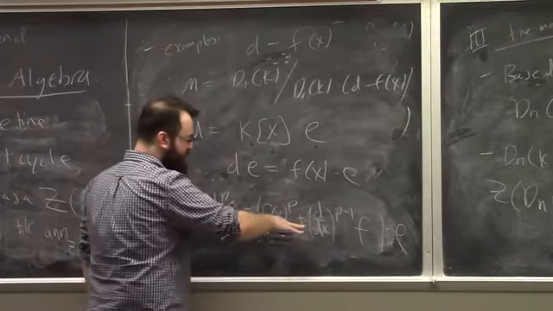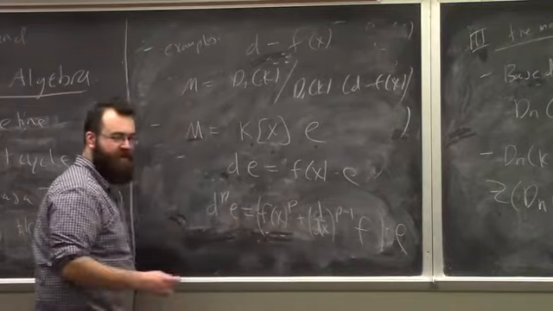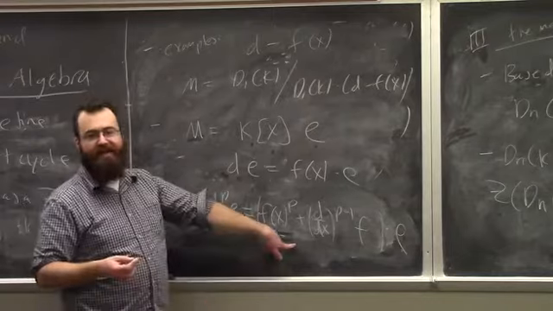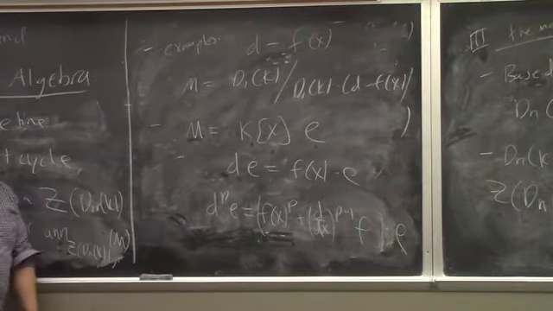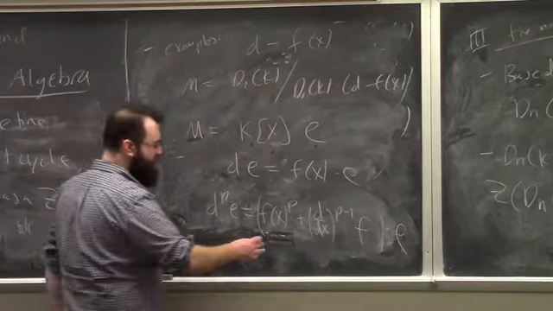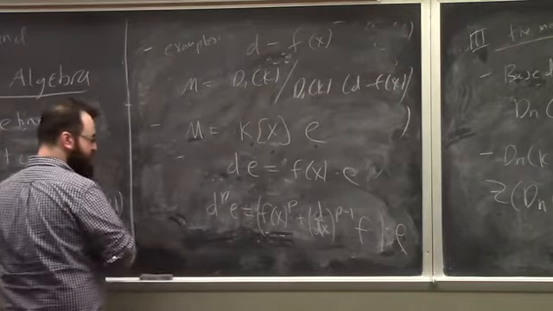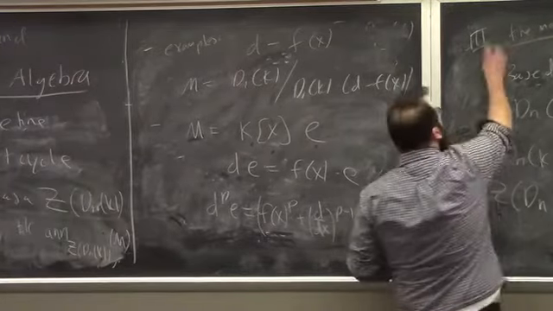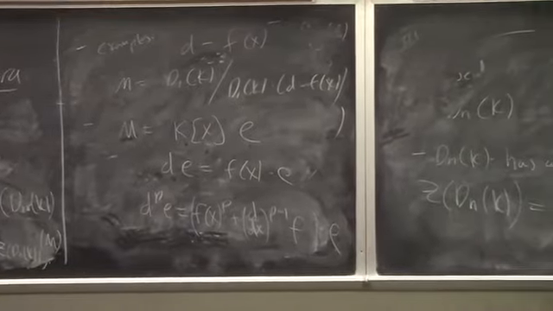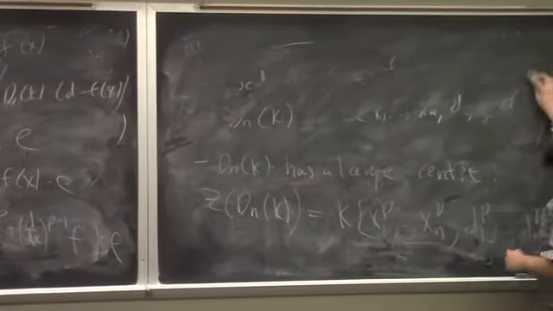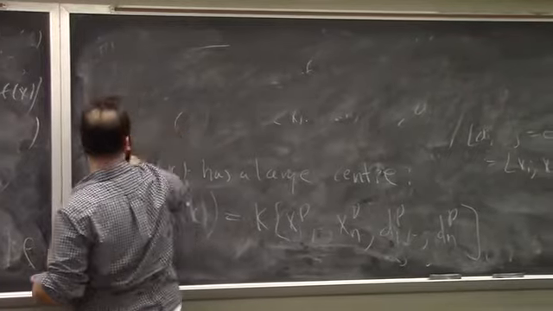Of course, in characteristic 0 there would be lots of terms in between, but all of those terms have p choose i, and in characteristic p, p choose i is 0. So I get a very simple formula like this. Now, even better than that is if f itself is already the derivative of a function.